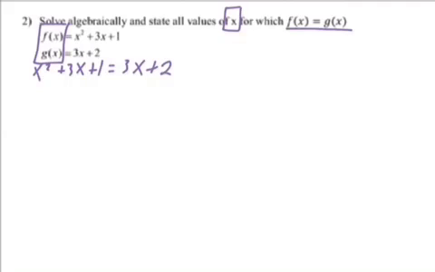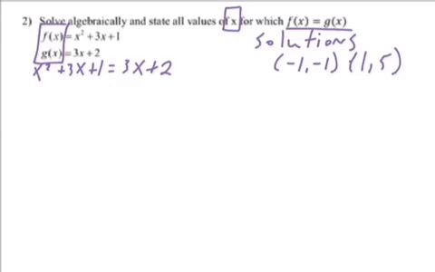Now, before we start this algebraically, same as before, I want you to go to your calculator, type in y1 equals, y2 equals, second trace intersect, and get the answers first. When you do that, your solutions will turn out to be negative 1 and 1. Now to solve this algebraically, again, you're going to see an x squared.